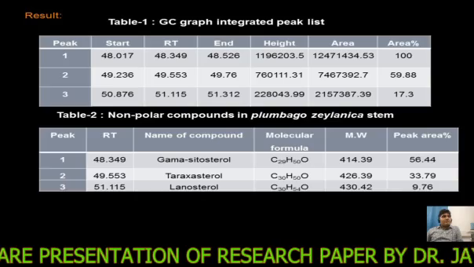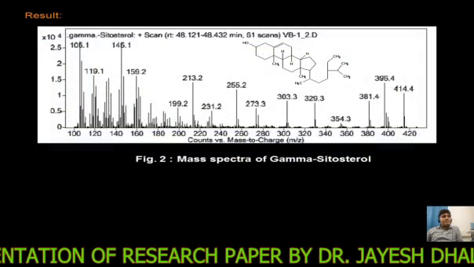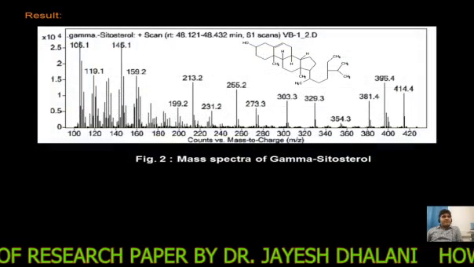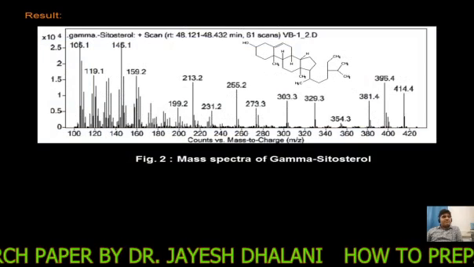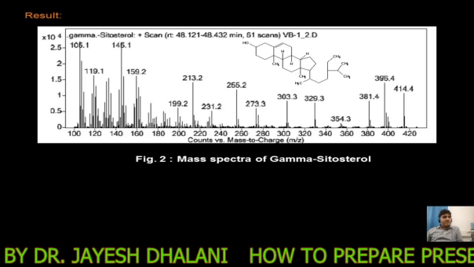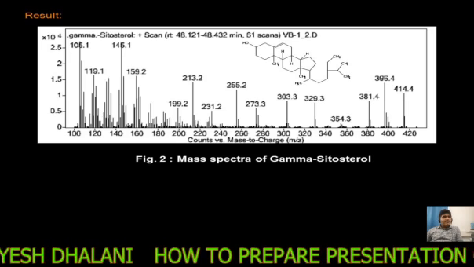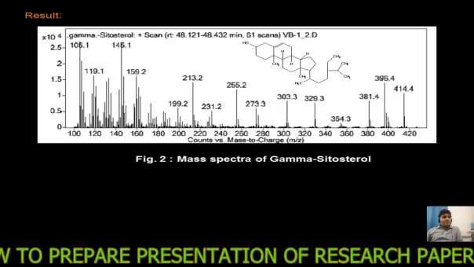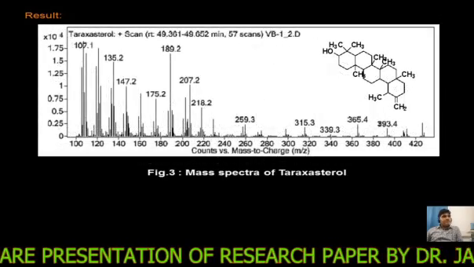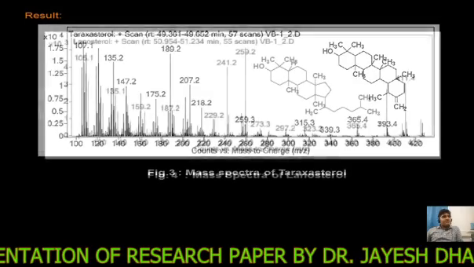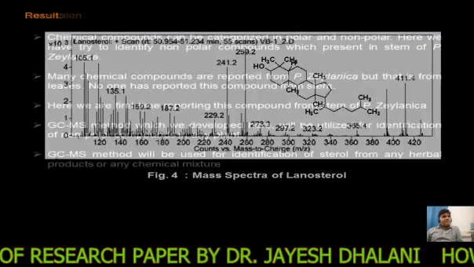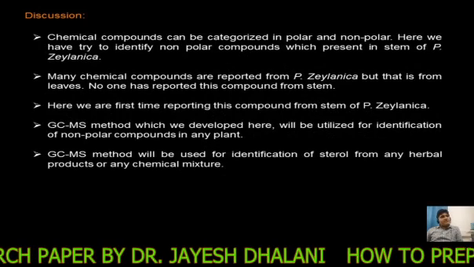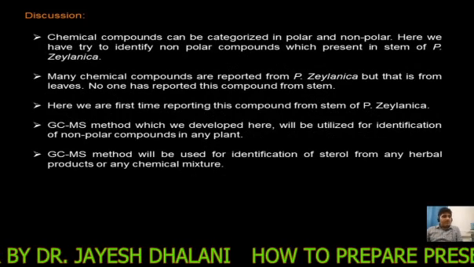So you can present and the audience can easily understand your research work. Here, again, this is Figure 2, mass spectra of gamma sitosterol. Figure 3, again mass spectra. Figure 4.